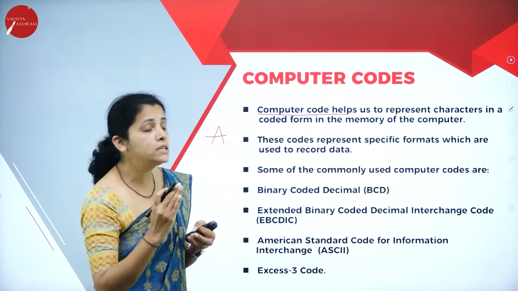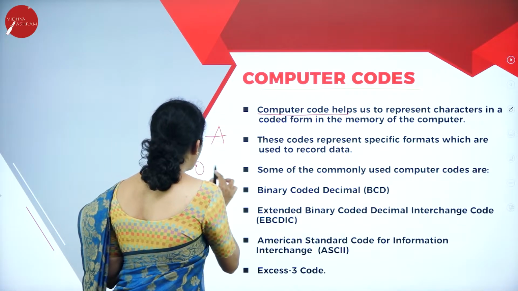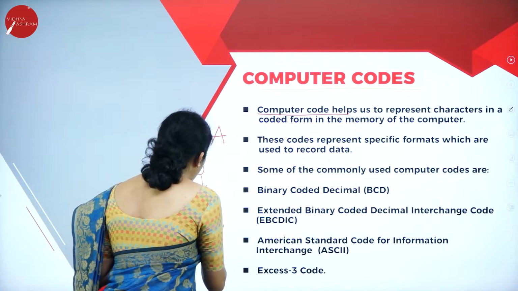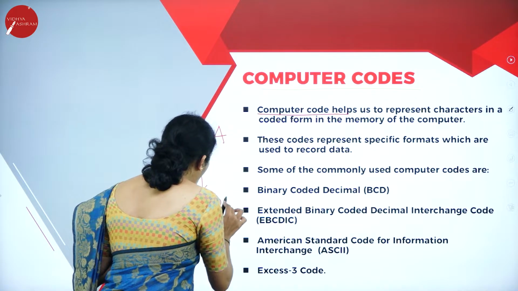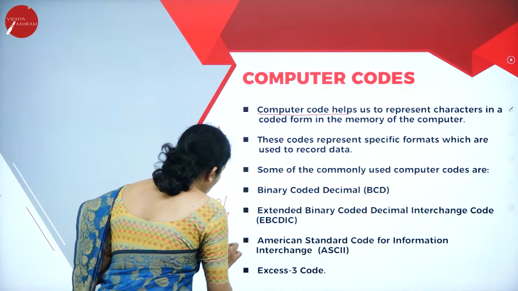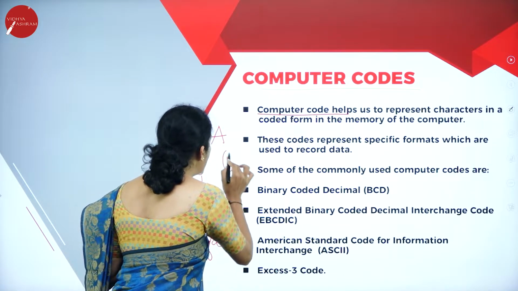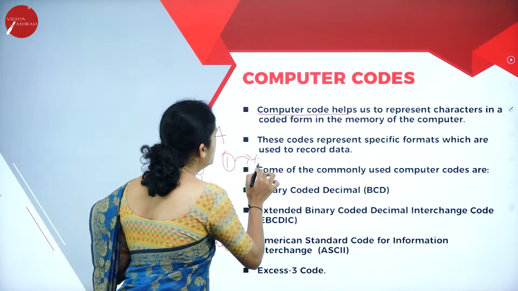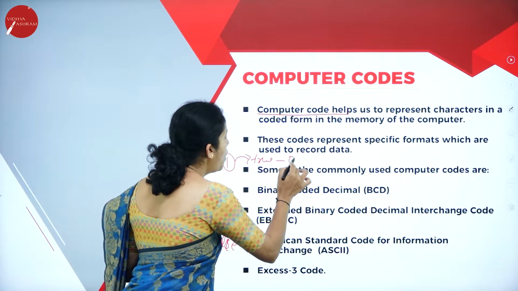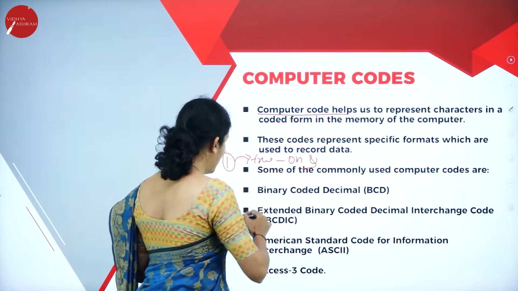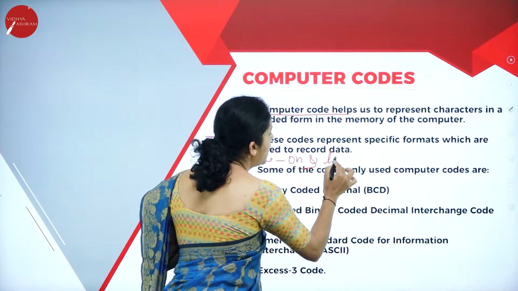Now tell me what is this 0 and 1? Here 0 is nothing but low or off or false value. And 1 is nothing but true or on and high value.